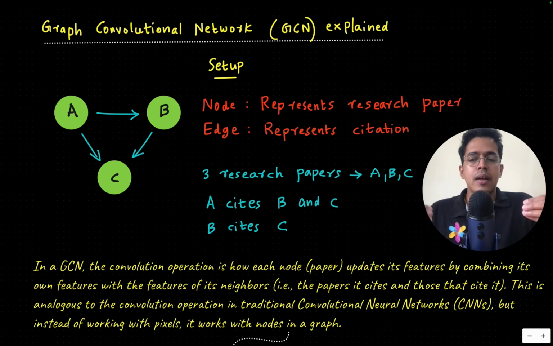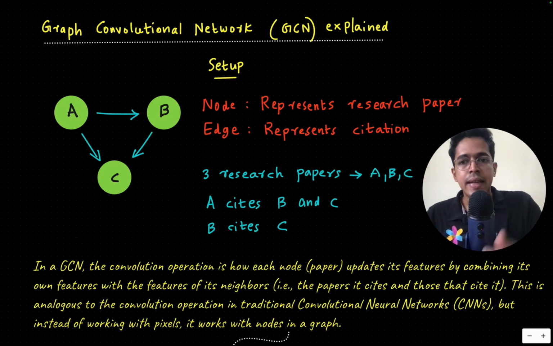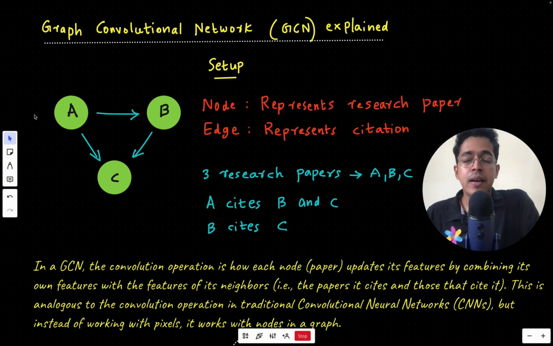Now, in the graph convolution operation, what we essentially do is these nodes will have some features. Features could be the number of citations each paper has, or the domain of each of these papers, like machine learning, deep learning, healthcare, agriculture, whatever. And there could be a bunch of other features for each of these papers.